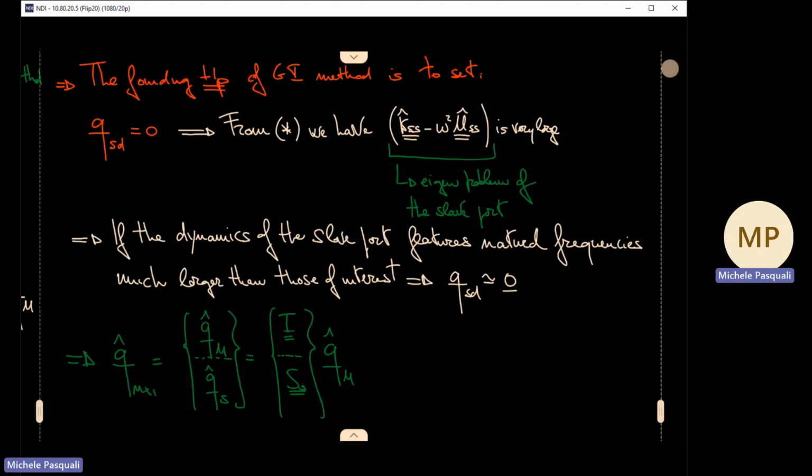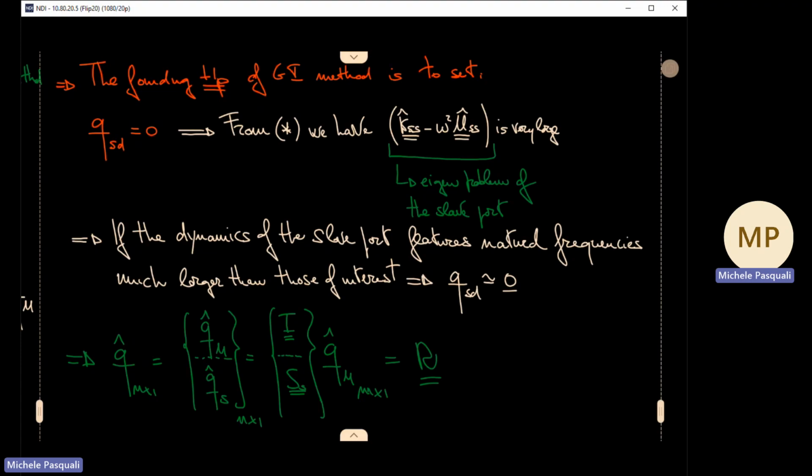So this is again an n times 1. This is an m times 1, typically. And this is again eventually what?